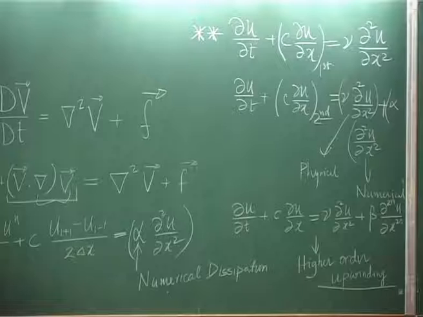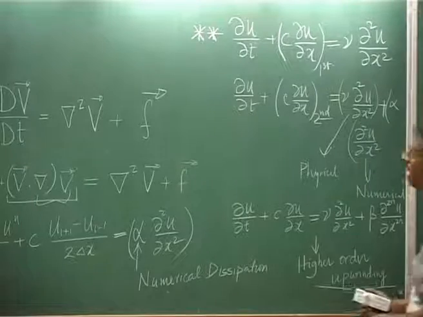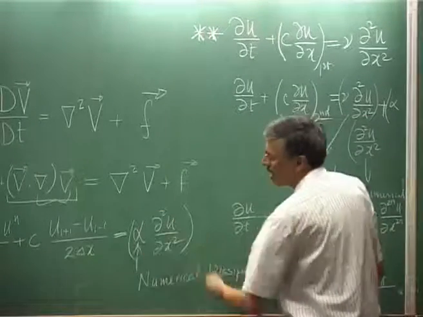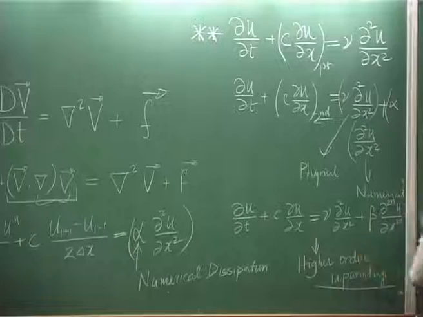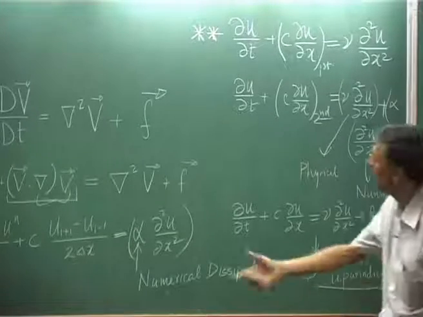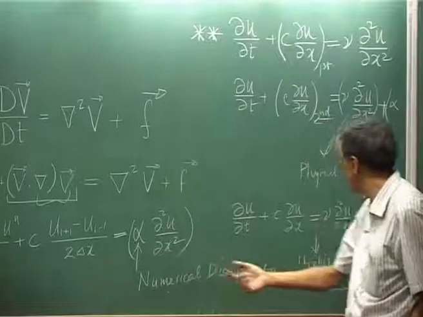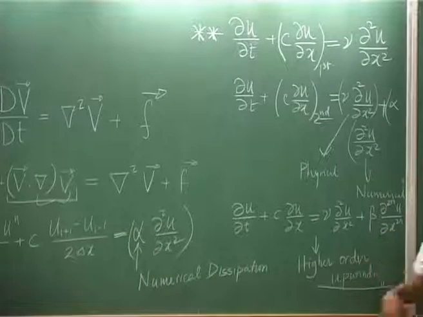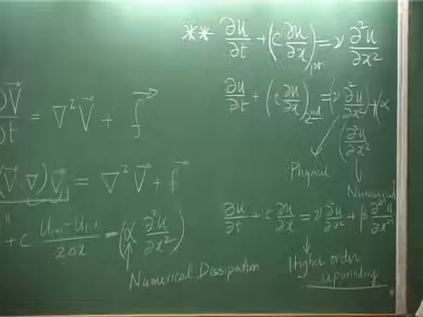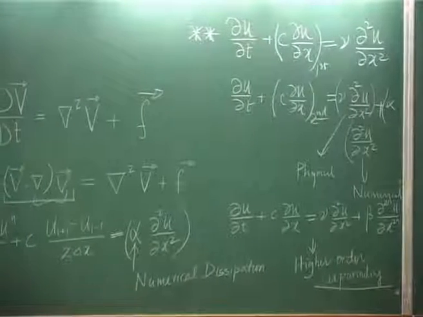So, upwinding is the order of the day, you have to do it, but the question is how do you do it? Would you do it in a lower order fashion like this, or a higher order fashion? Lower order means where the numerical dissipation is proportional to the second derivative. Higher order means it is higher than second. It could be fourth derivative, it could be sixth derivative.